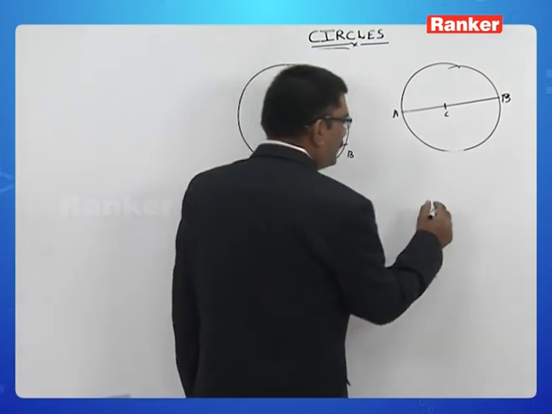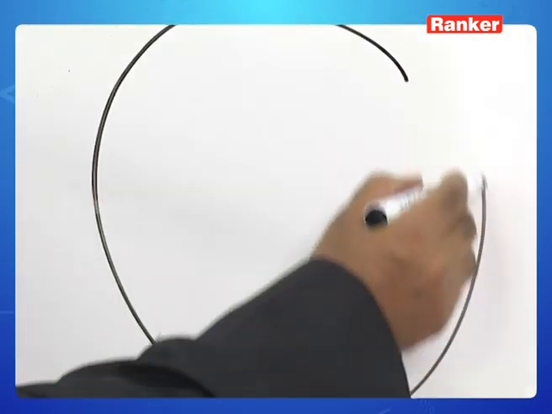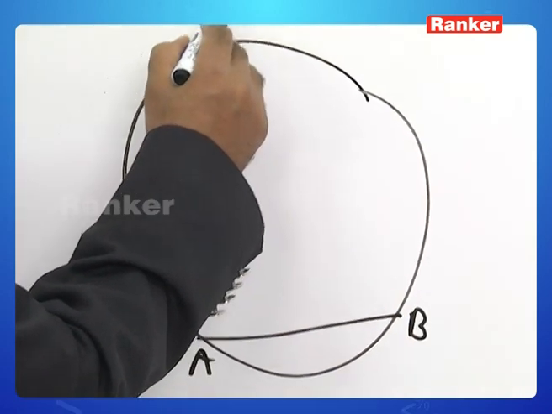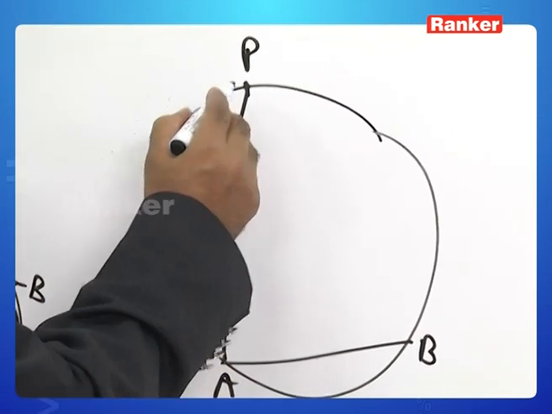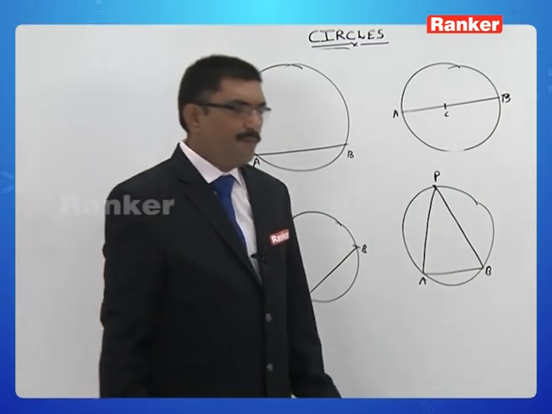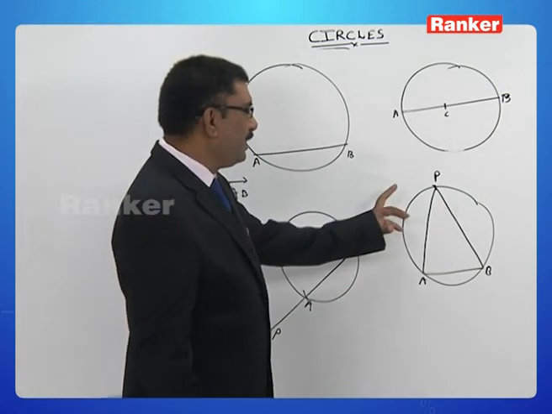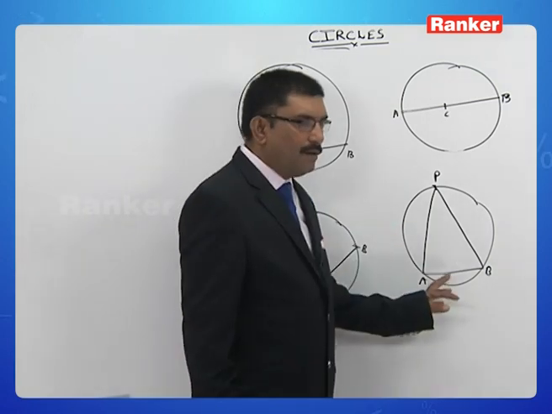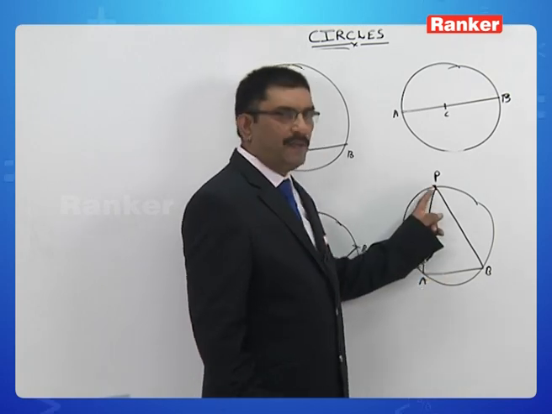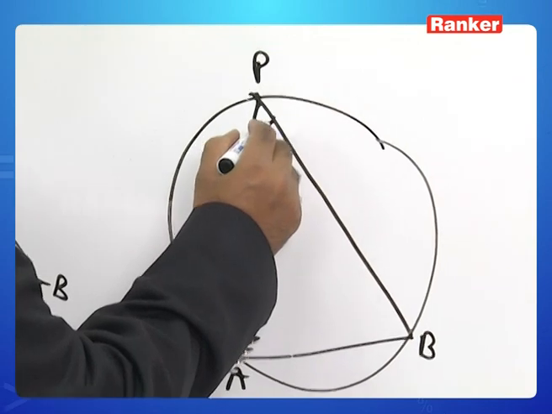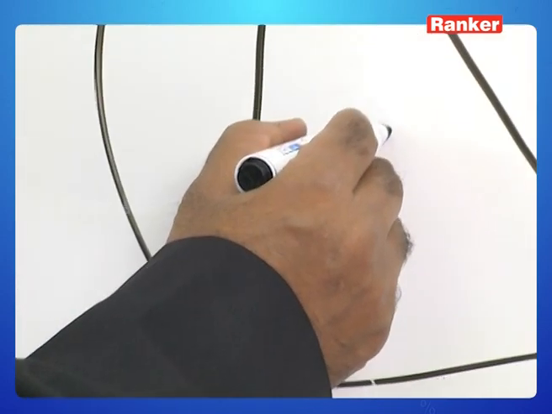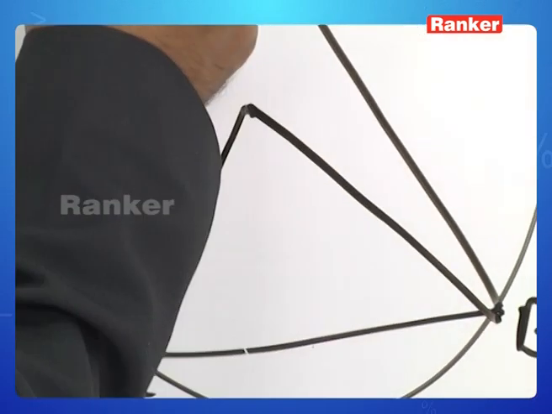Next, I go to the series. Now this is the chord. When this is a chord, yes, P is a point on the circle. This is a major segment. So therefore, when this is the major segment, P is a point on the circle. The chord which subtends an angle theta at the point P of the major segment, then it always subtends almost double the angle at the center.